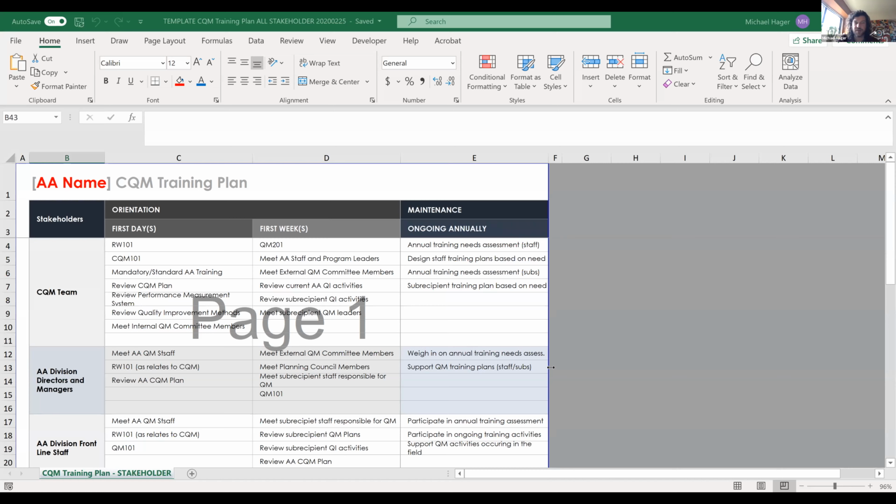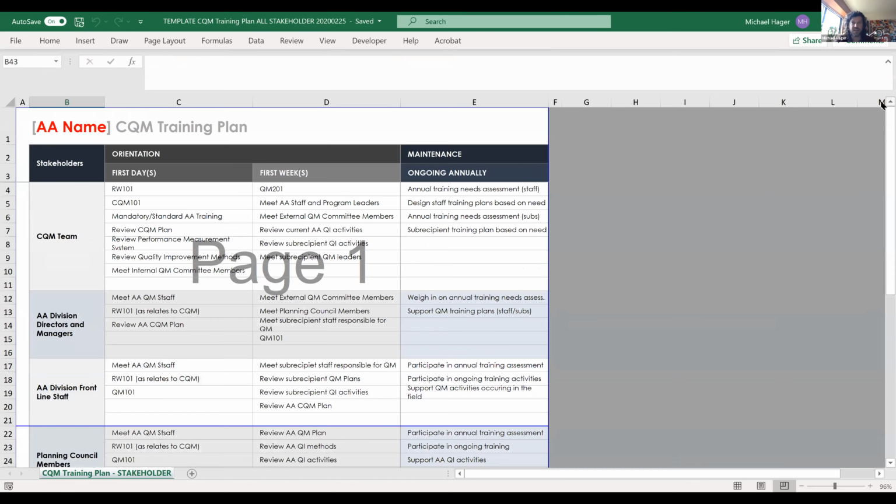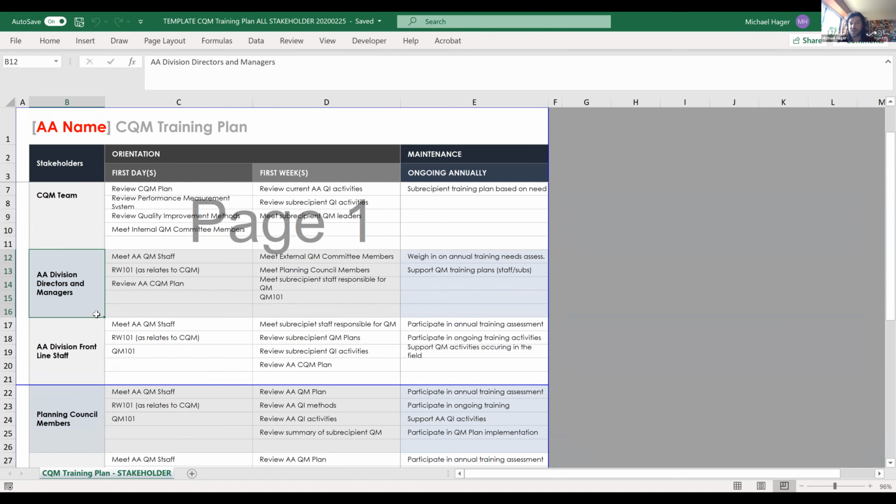This gets to the training question that Nora asked earlier, in terms of how you get people to participate in these larger activities. Again, these can be anything that you want or need them to be. This is thinking about the CQM team and what they need in their first days, their first weeks, and on an ongoing annual basis. Then your division directors and the managers within your AA, because they're a special set of stakeholders.